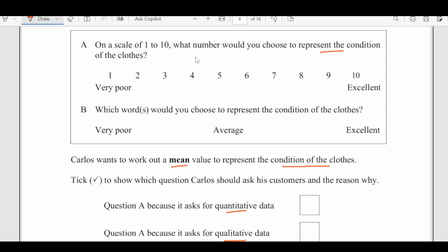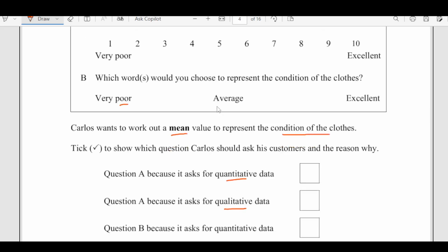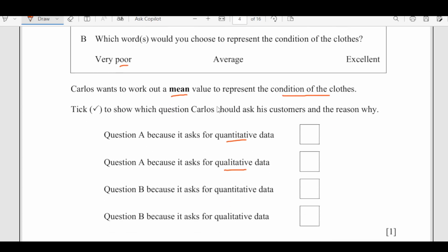Now, B cannot be the answer because the response is very generalized, very poor, average and excellent, but A gives the actual scale from 1 to 10. So, it is very simple that we will use the first one, the quantitative data with the question A, right.